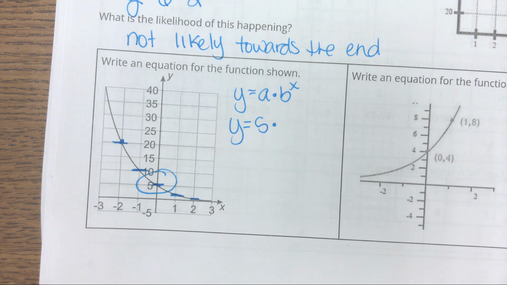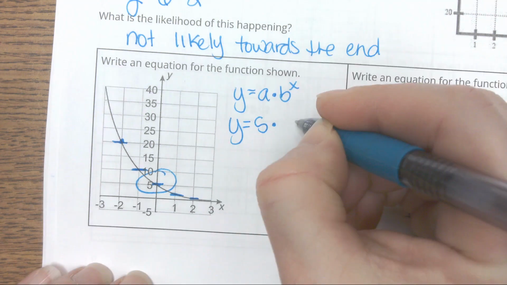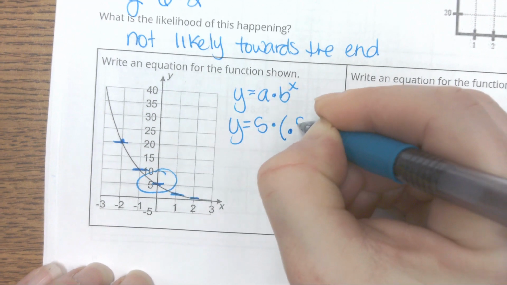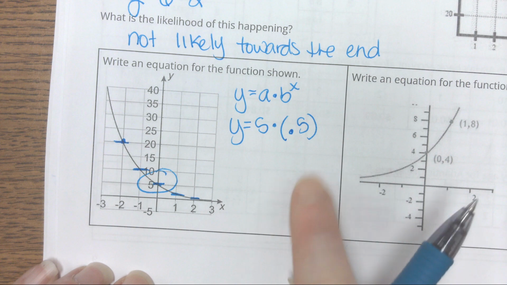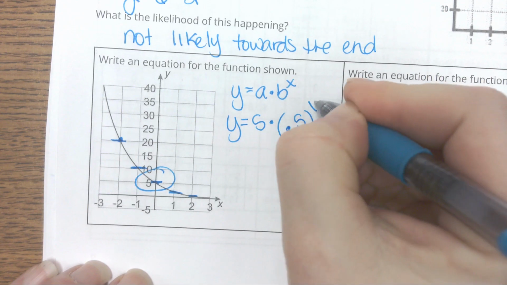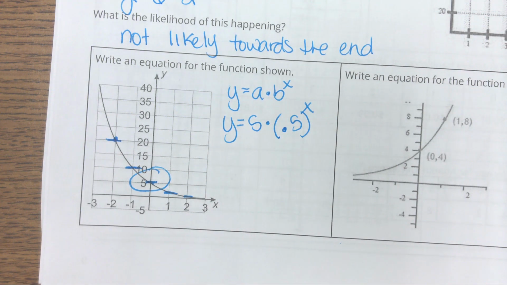These are getting half as big, agreed? So you're multiplying by a half, or you could write it as 0.5. Make sure that's a 0.5 or 1/2. That's it. That's making the equation. You just got to find the a and the b.